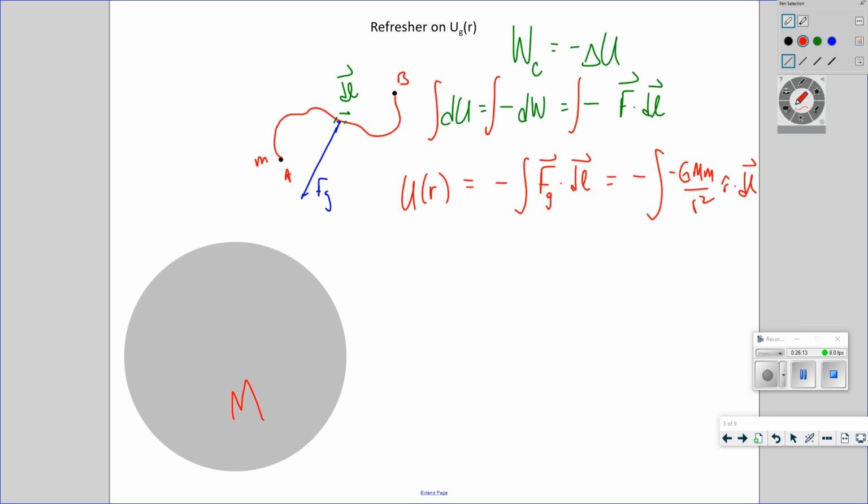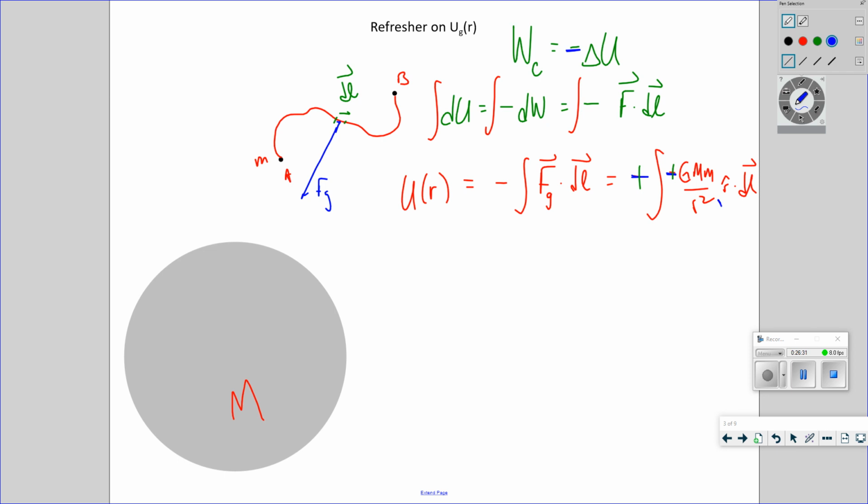Right? This negative from the definition. This negative from saying gravitational force points radially inward. All right, so these two negatives, thank you very much, are gone.